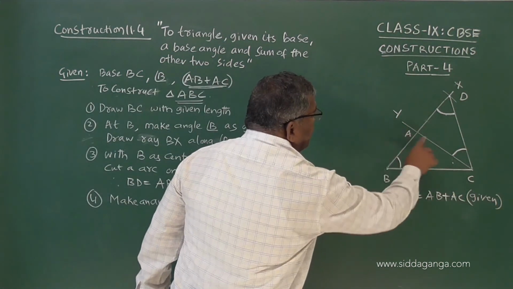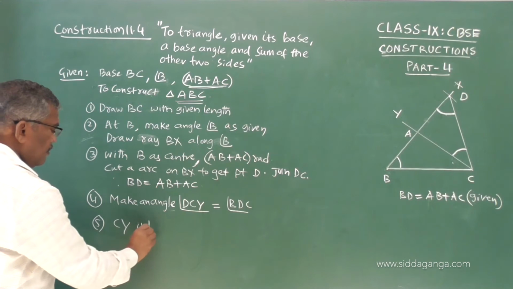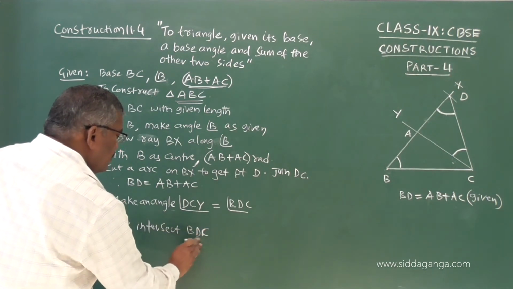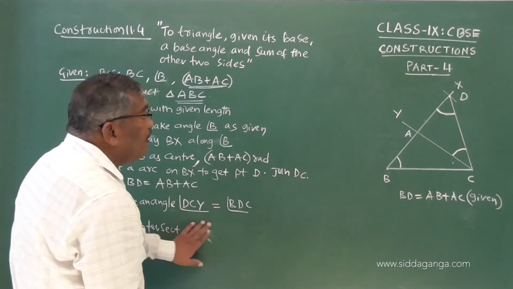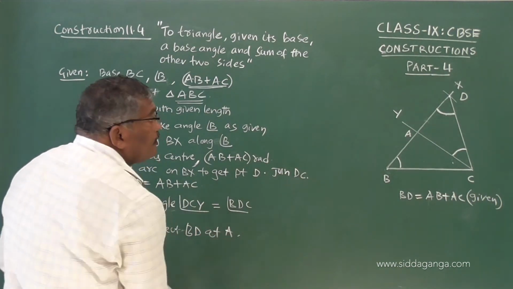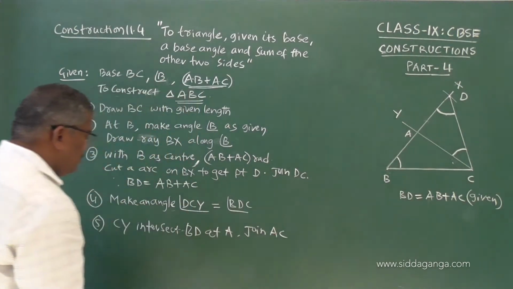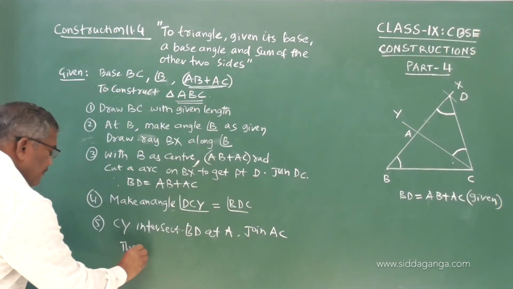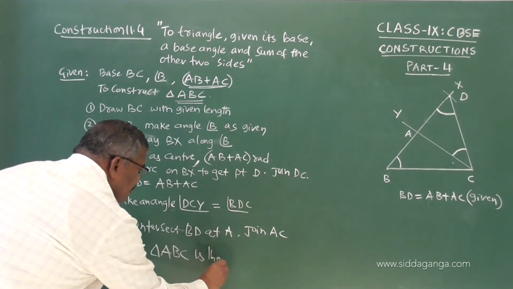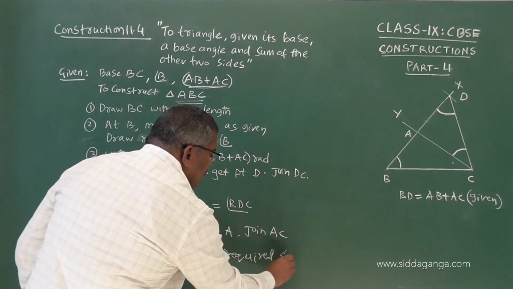CY intersects BD at A. Join AC. Then triangle ABC is the required triangle.